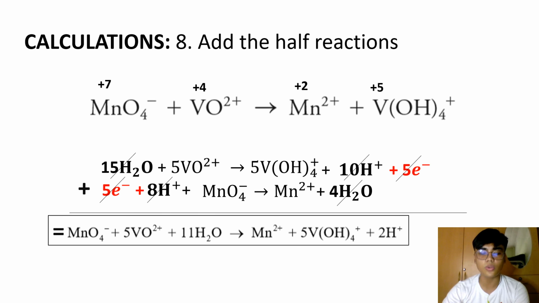That yields the net ionic balanced equation of permanganate plus 5 vanadil ion plus 11 water molecule that yields manganese ion plus 5 vanadium 4 hydroxide plus 2 hydrogen ion.